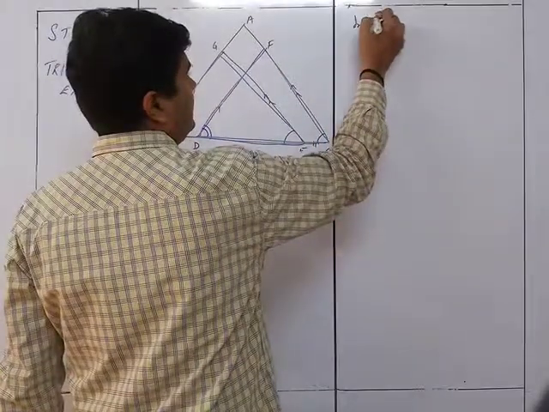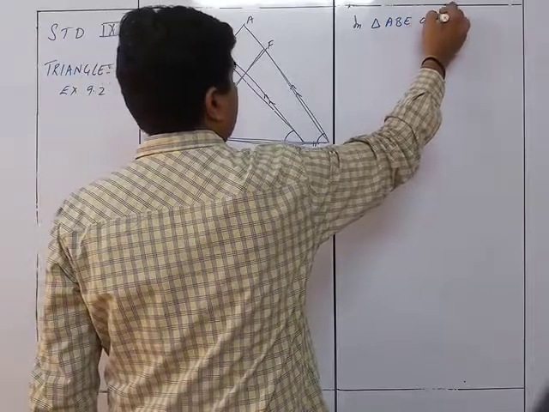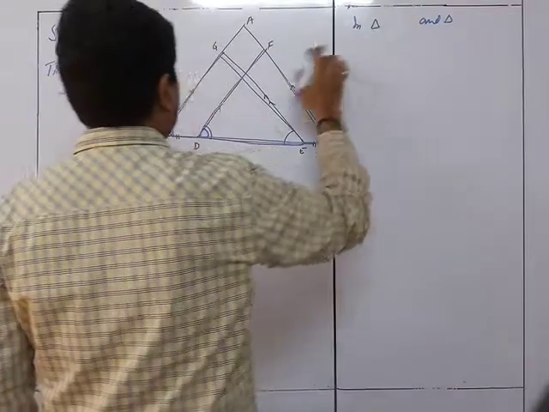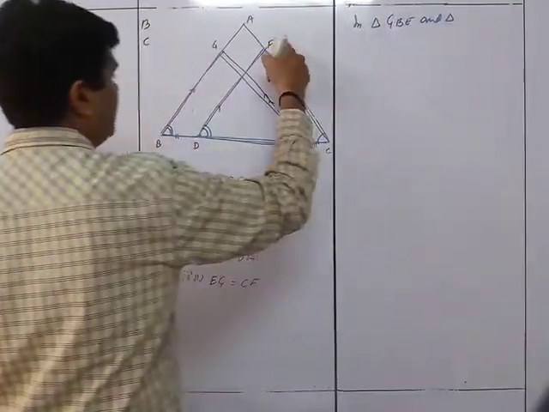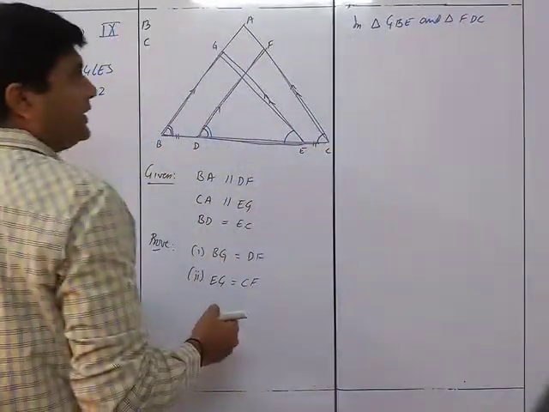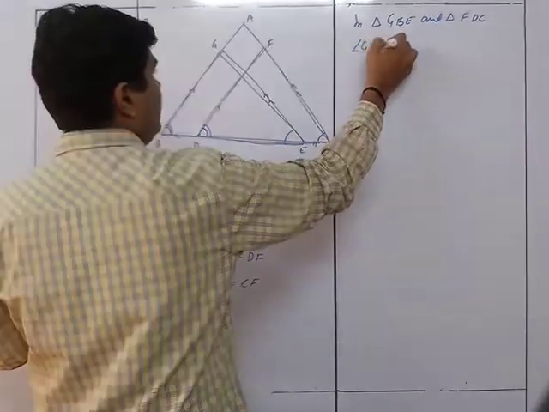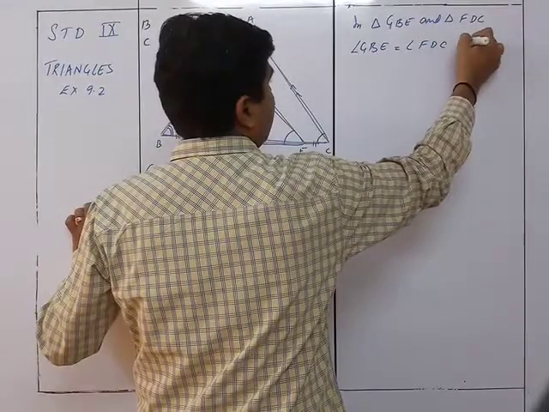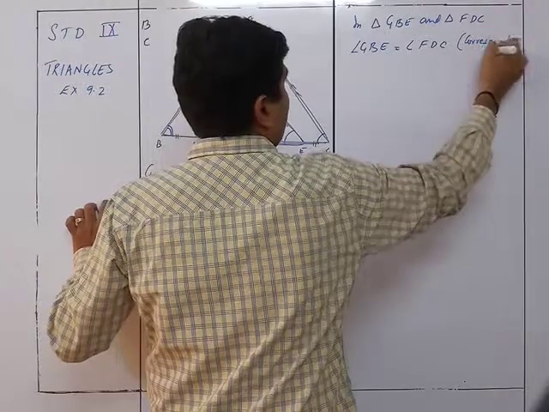So in triangle, sorry, not ABE, in triangle GBE and triangle FDC, we have got first angle GBE is equal to angle FDC because they are corresponding angles.